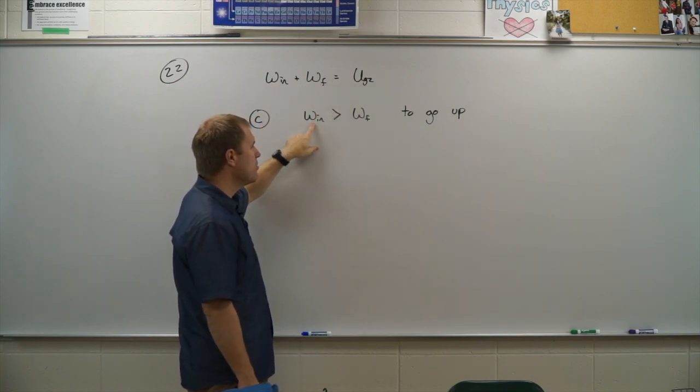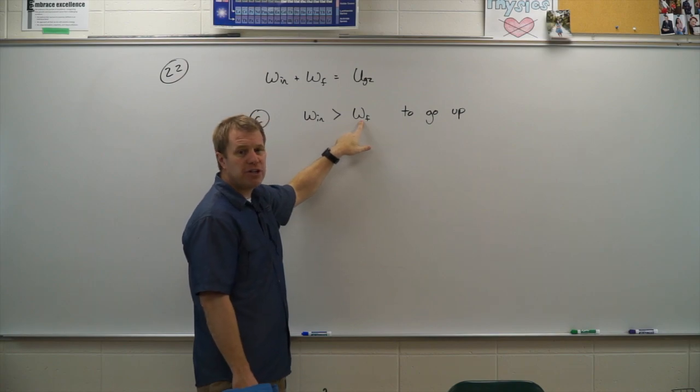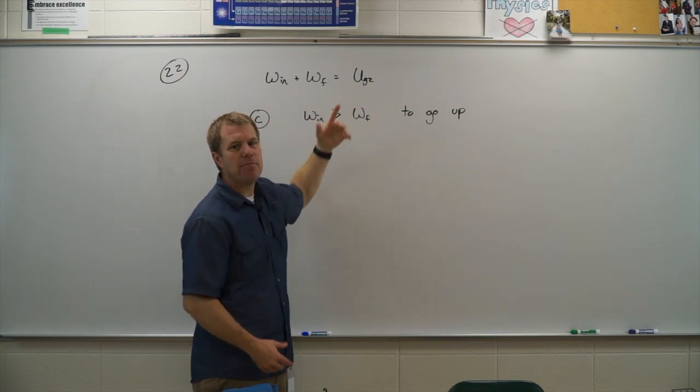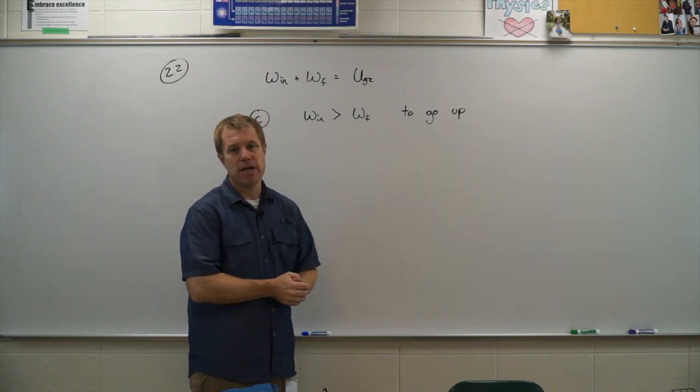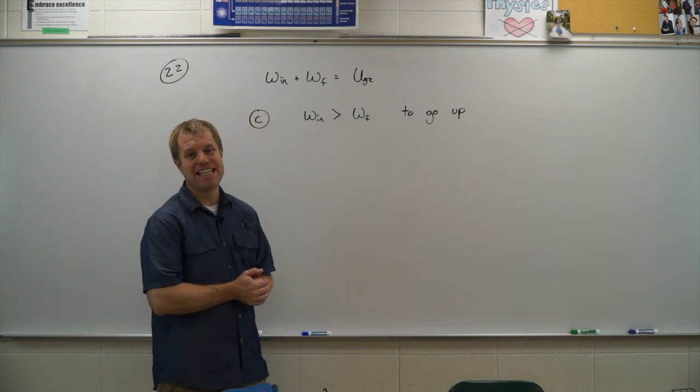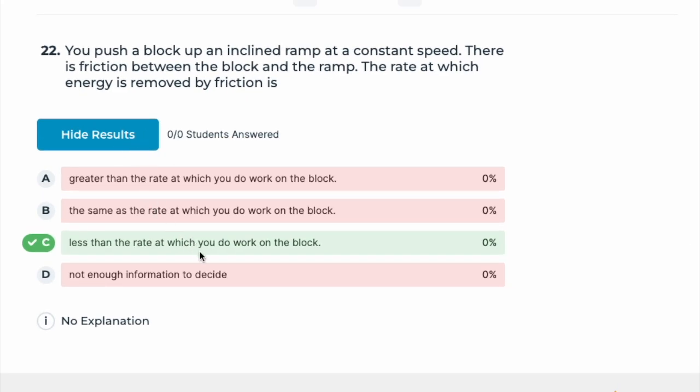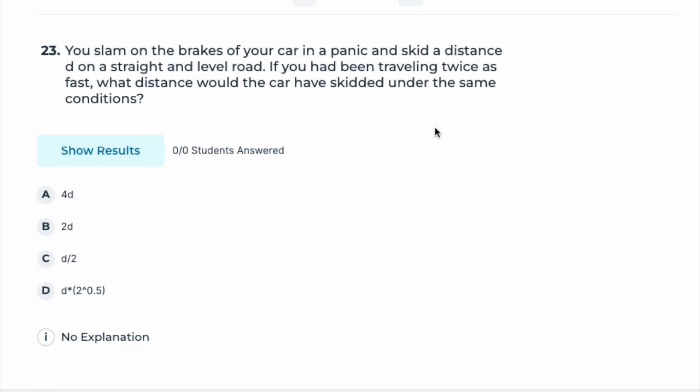So I've got to start with more work in than friction takes out, so that in the end I'm left with an increase in gravitational potential energy, and we go up. Correct answer here is C. Less than the rate at which you do work on the block, because some of your work has to go into increasing the potential energy of that block.